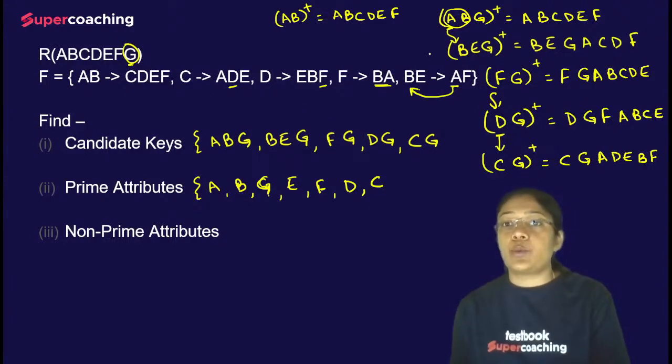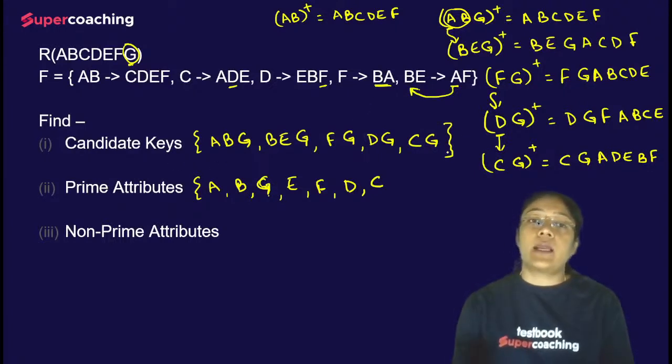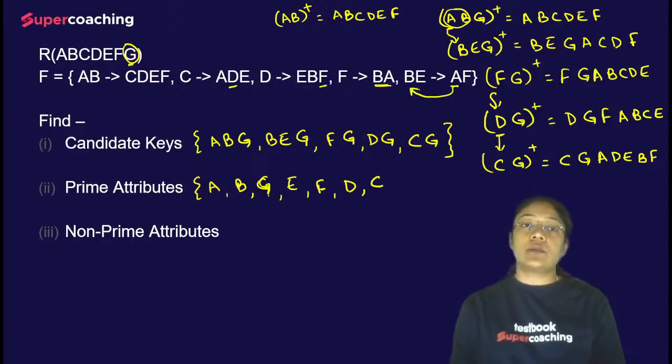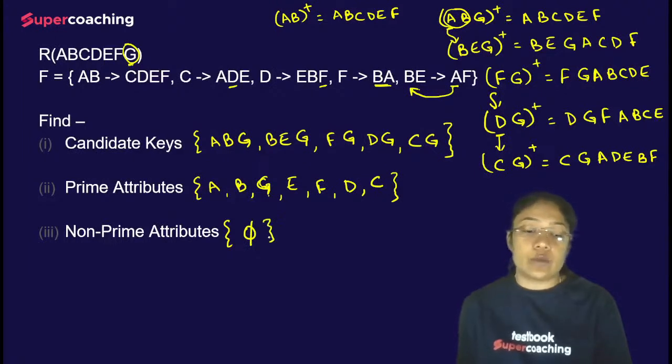We have already explored ABG. There is no other possibility. So in this case, we are getting five candidate keys, two candidate keys with three attributes and three candidate keys with two attributes. So here, all the attributes A, B, C, D, E, F, G are prime attributes. So in this case also, we are not getting any non-prime attribute.